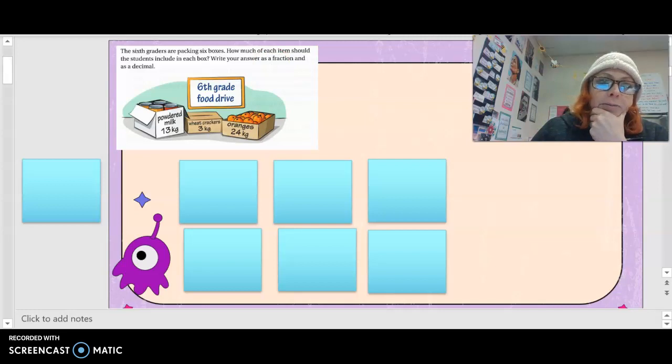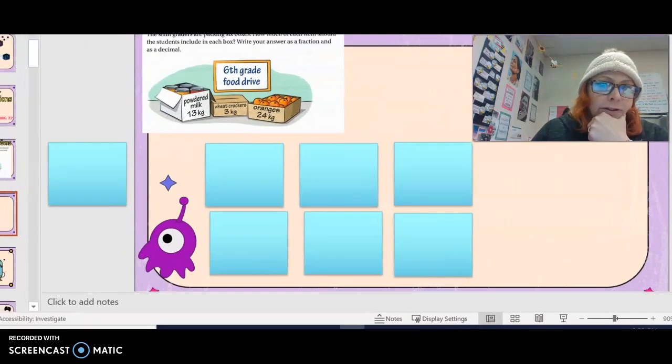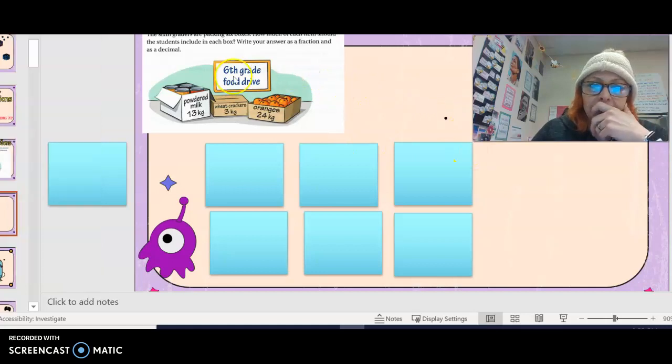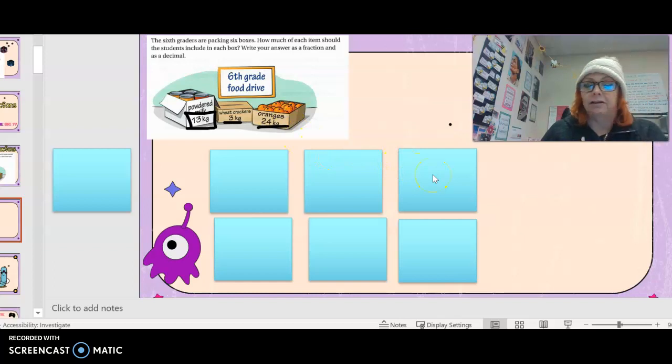So I'm going to come up and use the draw function so that it's not constantly disappearing on me. I'm going to use black maybe. So the first thing I have is 13 kilograms of milk, 3 kilograms of crackers, 24 kilograms of oranges.